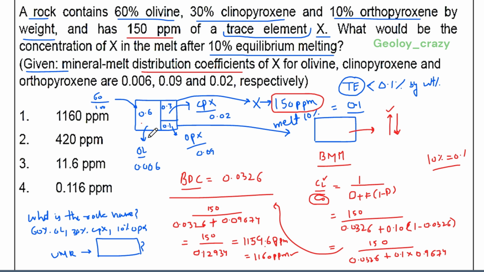Now in the original rock we have 150 ppm, and we are now getting 1160 ppm. So our answer is this one. Hope you understand in which way we are calculating this. If you still have any query, you can ask me. If you want any detailed thing from me, I will add those things also.